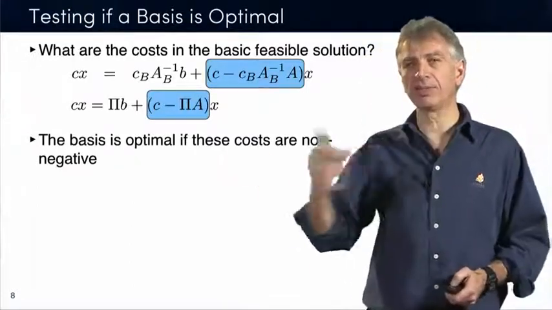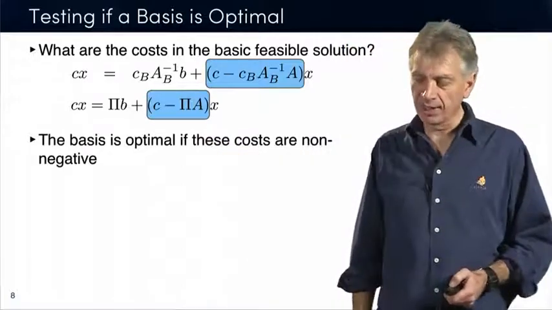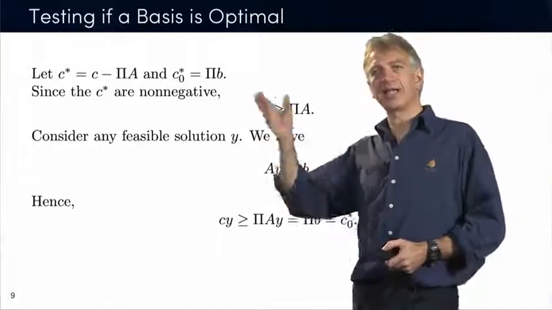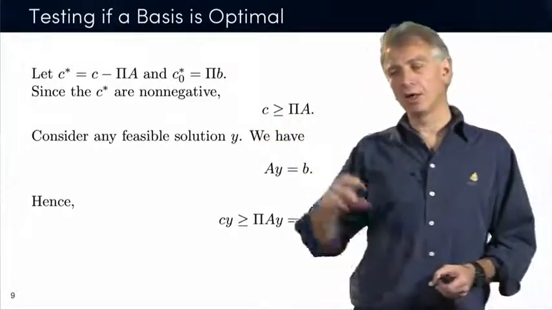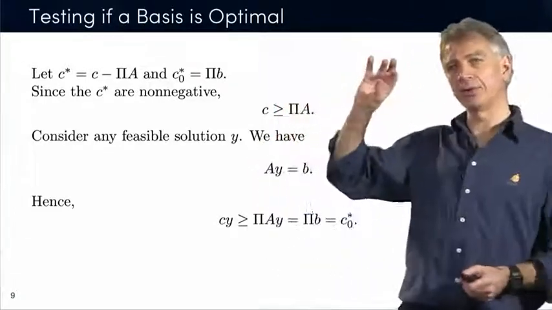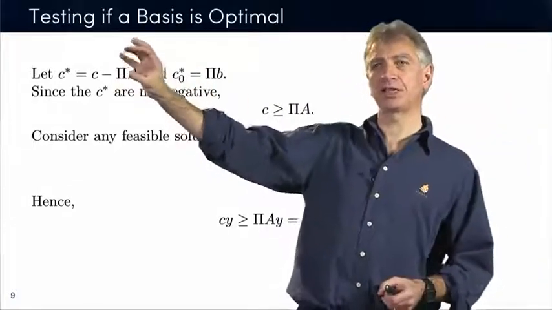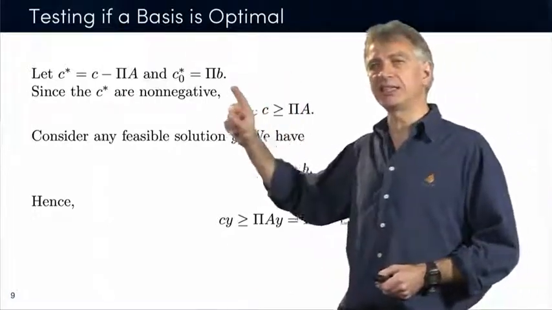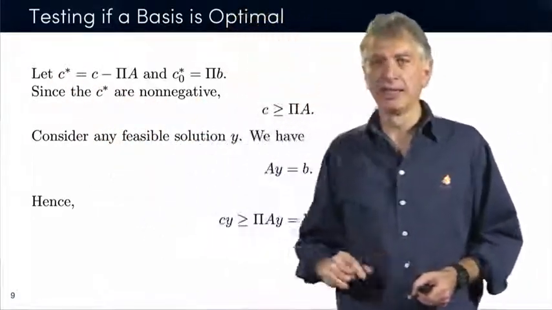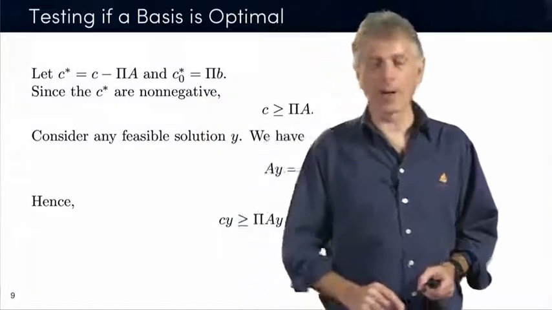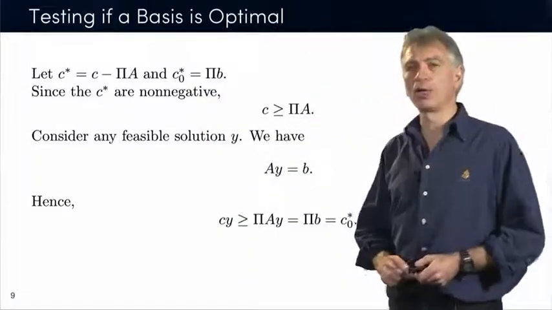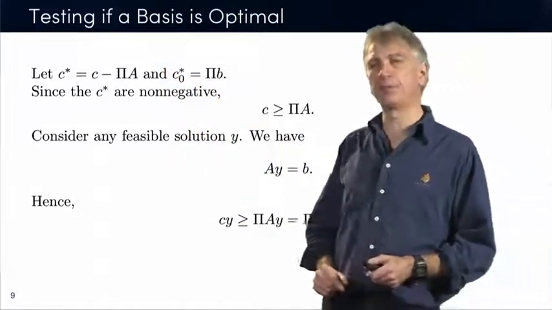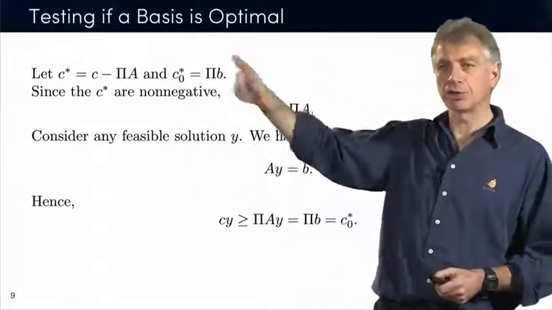I know that the basis is optimal if these costs are non-negative, and I have this relationship between C and pi A. Once I have that, I can very easily prove now that at optimality, these costs have to be greater than 0. So let's denote C star. You see C star: C star is equal to C minus pi A. And I also have C0 star, which is the value of pi b, which is Cb times the inverse of the basis times b.